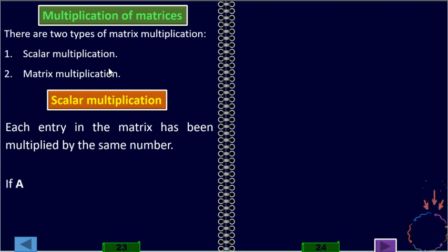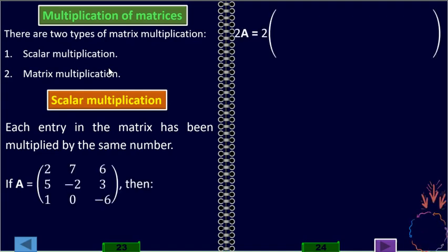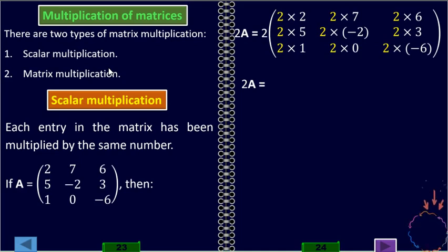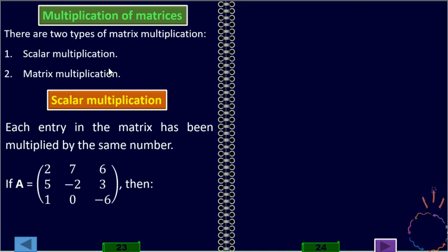Now look at this matrix. If A is given by this matrix we are looking at now, the question says we should find 2A. Now let's find 2A.